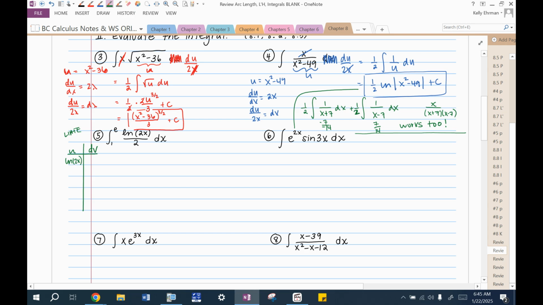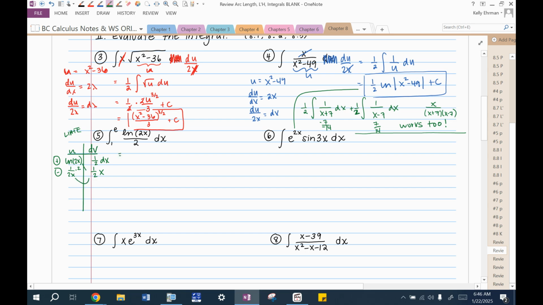And then there's really just like a 1/2 dx. Or the 1/2 could be with the ln as well. It doesn't matter. So the derivative of ln of 2x is 1 over 2x times 2. And the integral of 1/2 dx is 1/2 x. Put in your plus, put in your minus. With natural logs, you only do one round of this.